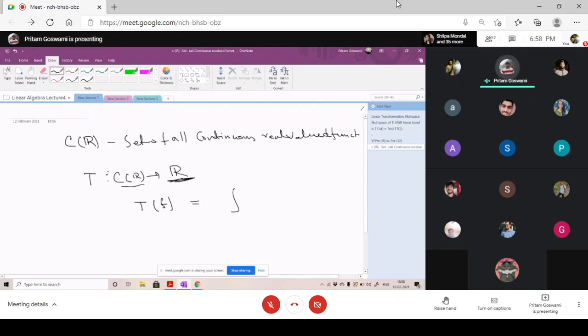So two vector spaces: V is C of R and W is R, and we define the function T of f as the integration of f from a to b. You can check it, it is also a linear transformation.